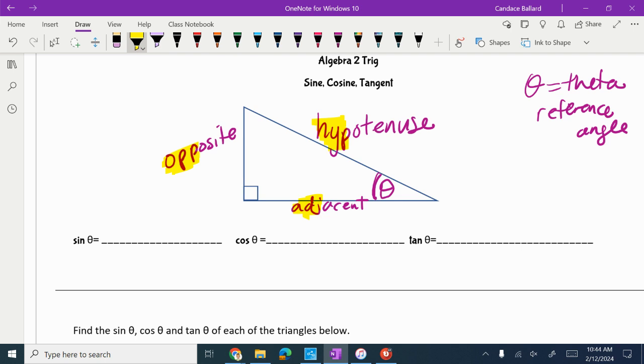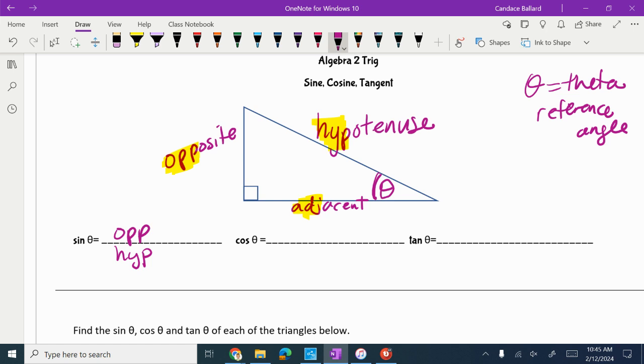All right, so each of these things is a ratio of the sides of the triangle. And remember, we say sine, cosine, and tangent, not sin, cos, and tan. They're abbreviations. We don't sin in math. So sine is the opposite over the hypotenuse.